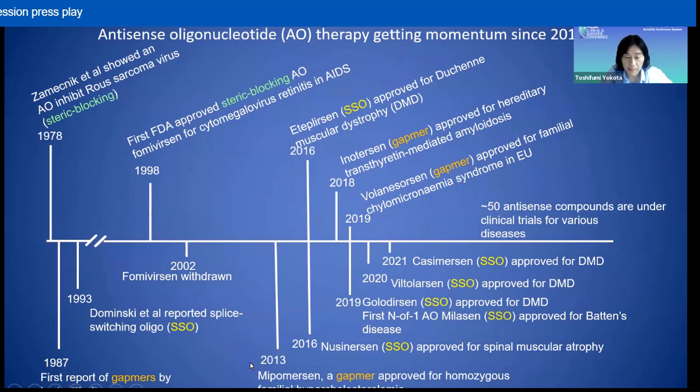And from 2013, I think the golden era of antisense therapy started. To date, almost 10 antisense oligos were developed to treat rare diseases, and many of them are for neuromuscular diseases. These are all either gapmers or splice switching antisense oligos. So I think it highlights the importance of these technologies.